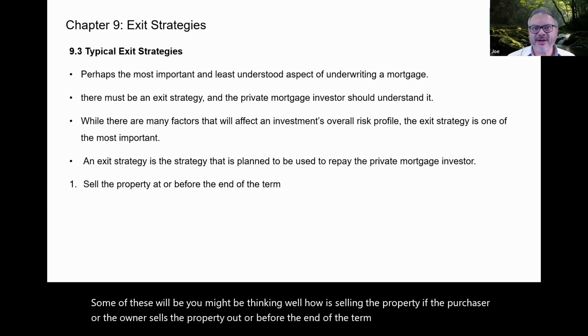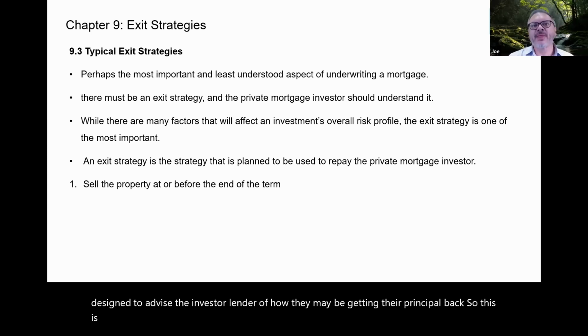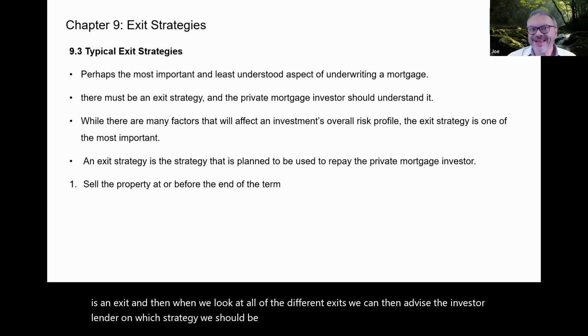This is an exit strategy designed to advise the investor lender of how they may be getting their principal back. So this is an exit. And then when we look at all of the different exits, we can then advise the investor lender on which strategy we should be recommending or what we think will be happening.